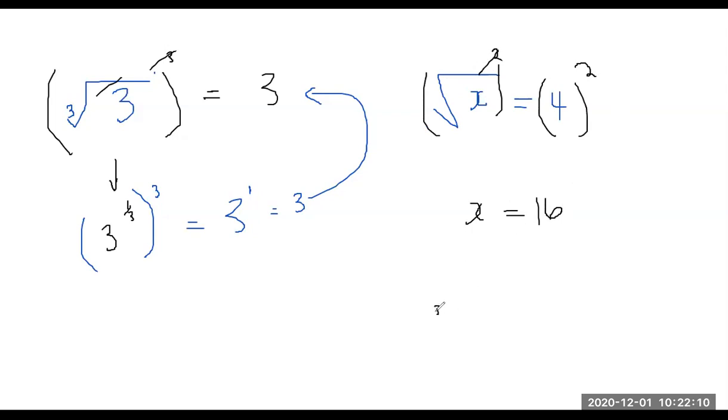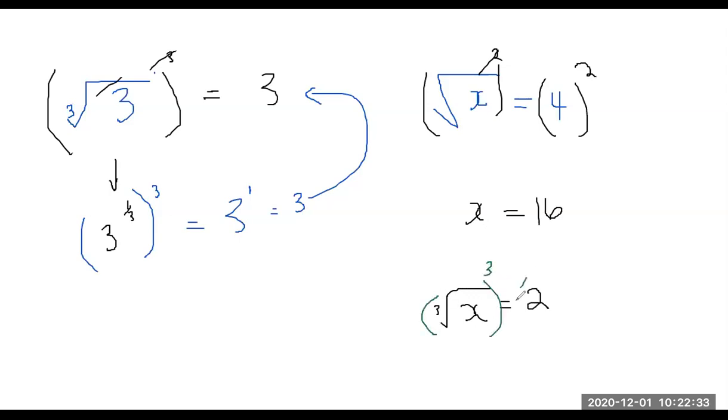If I give an example saying, let's do the cube root of x is equal to 2, right? In order to get rid of this, I need to cube it.